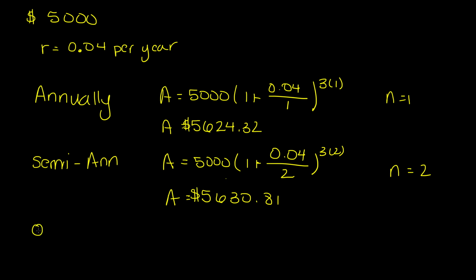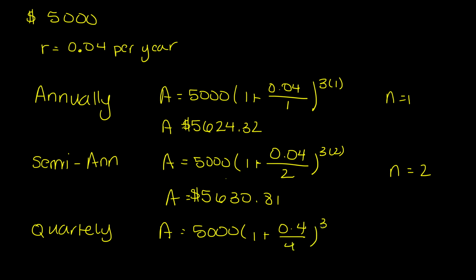Okay, quarterly, that's 4 times a year. So again, same equation, 1 plus 0.04 divided by 4, raised to 3 times 4, and what she gets is $5,634.13.